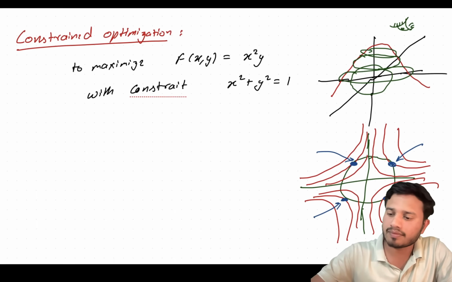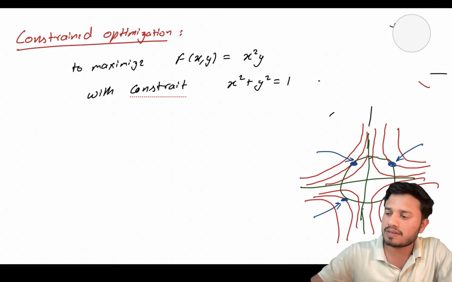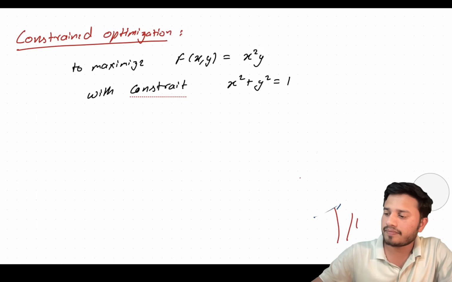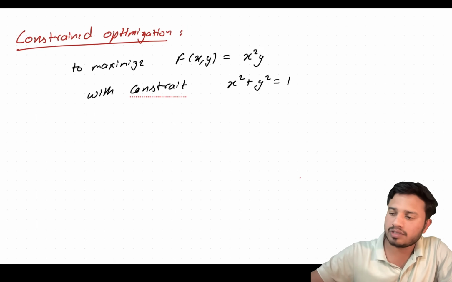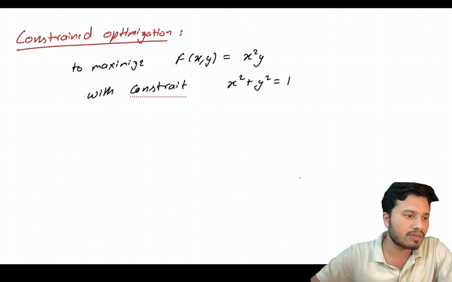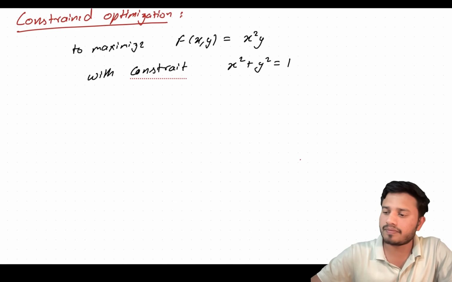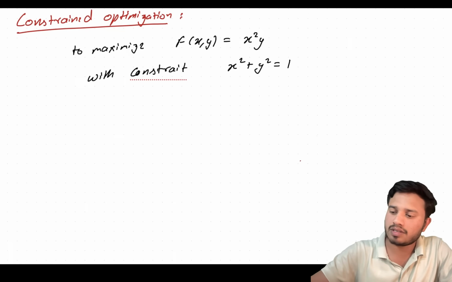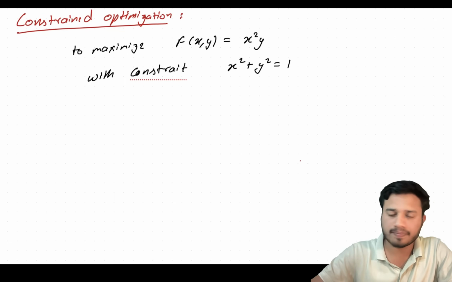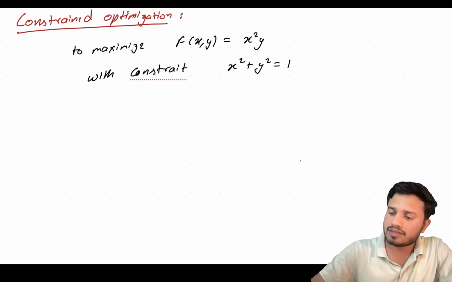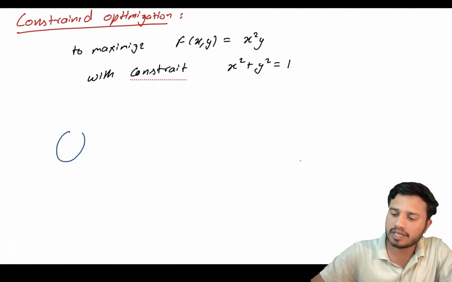Now try to focus on one touching point where it is touching. Just touching this. Okay, so we have a point and a contour line like this.